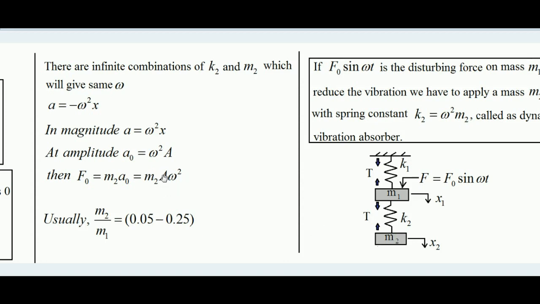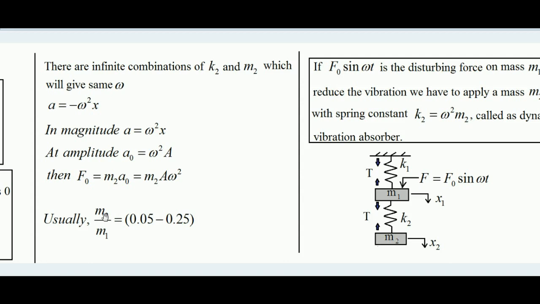In that case A has to be big, which means this mass will vibrate with a big amplitude, so it will require more space to accommodate that amplitude. And if we take a very high mass, the amplitude will be lower, but the system will be heavy, so we have to compromise somewhere in between.